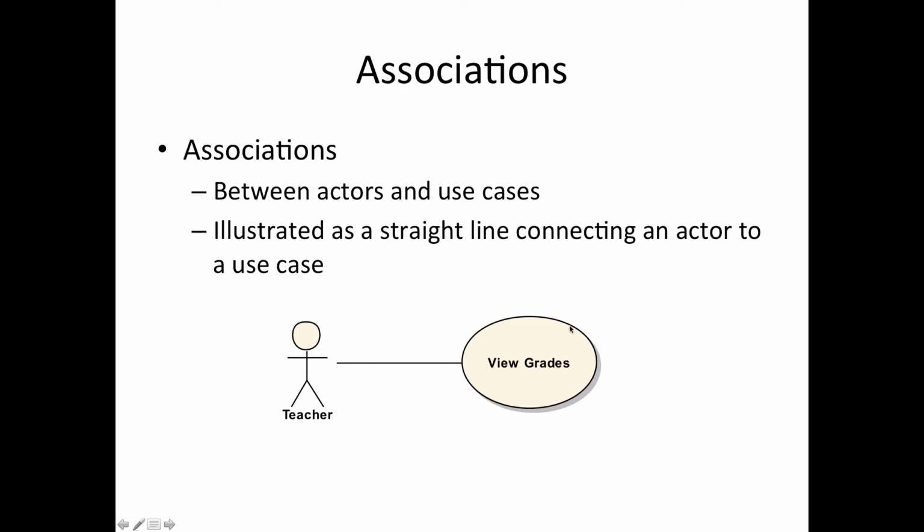I can submit your grades, you cannot submit your grades, but we can both view the grades. So we illustrate it as a straight line connecting an actor to a use case. We would put a boundary around here, and we might call this Compass at the top. So around here would be our boundary. We'd have a teacher who can view the grades.